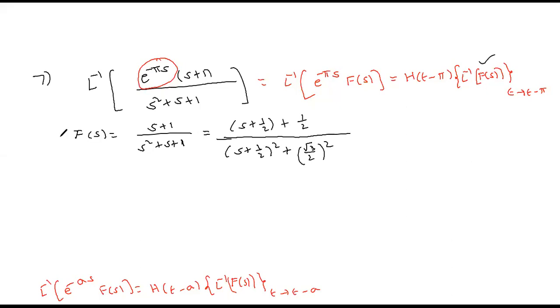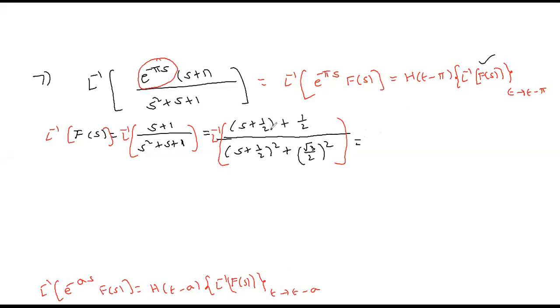Now if I apply L inverse on both sides, I am going to apply the first shifting property, right? What does the first shifting property say? L inverse of f(s + a) is equal to e^(-at) into L inverse of f(s).